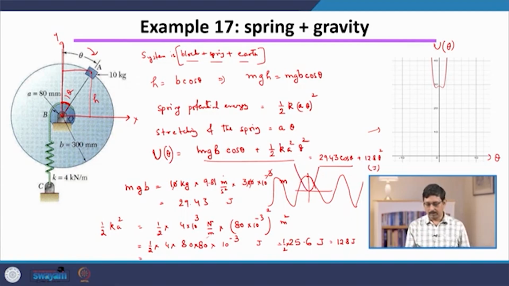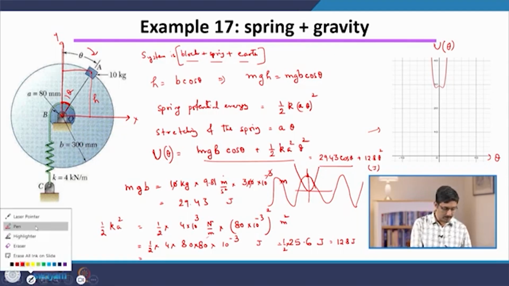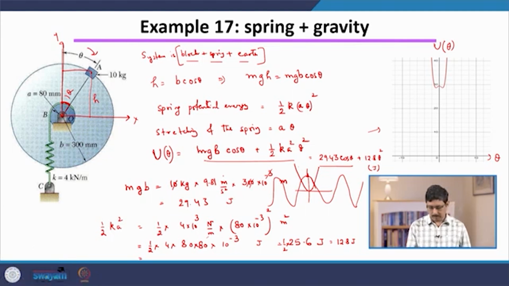So, then the total, if you add them, at theta equal to 0, it should start from here. If you add the two terms, this is the second term and this is the first term. So, the net force profile is going to be something like this: it starts from here and goes there, and then it makes a turn, because for small values of theta, this cos theta term dominates and the second term contributes little.